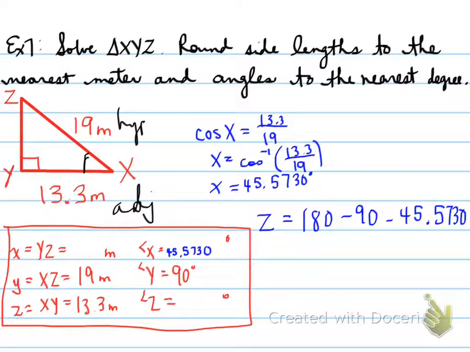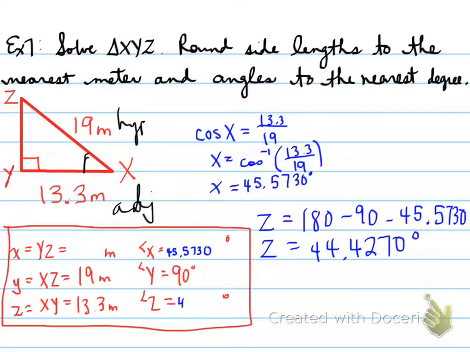And that will result in an answer of 44.4270 degrees. That's z. So now we have that value. So we fill it in.